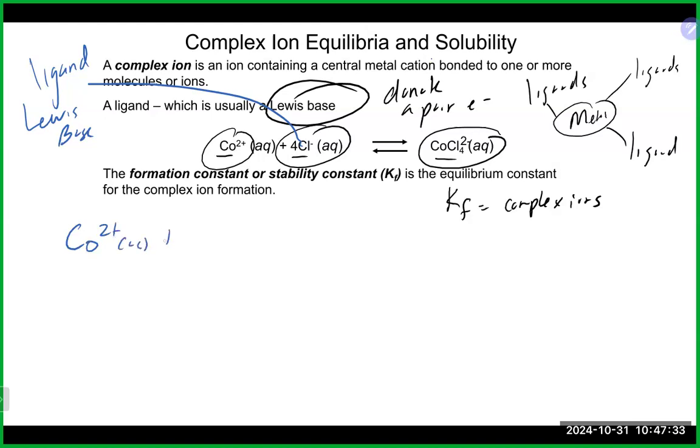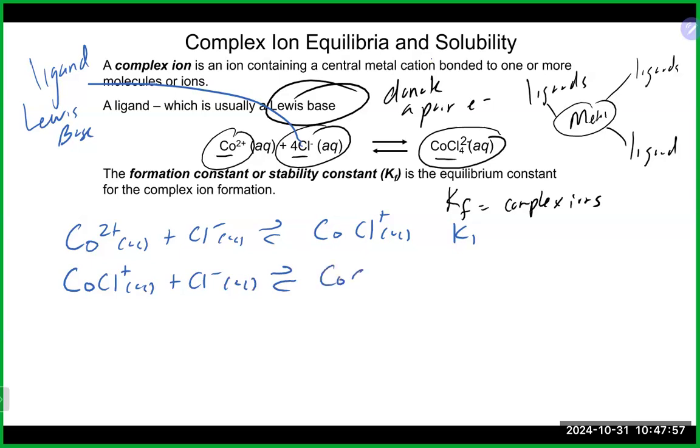So the cobalt will react with one chloride, and that will give you something like CoCl plus. And you could have an equilibrium constant for that little step. The next thing that would happen is this species with a +1 charge will pick up another chloride and make CoCl2. Again, you could have an equilibrium expression or constant for that step.